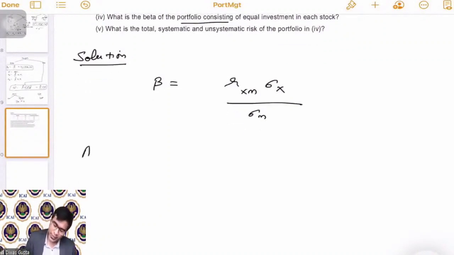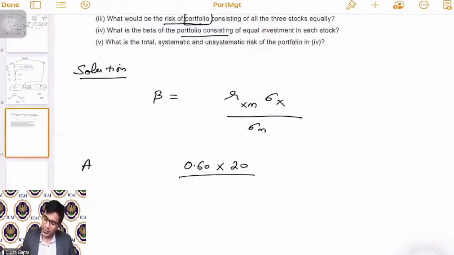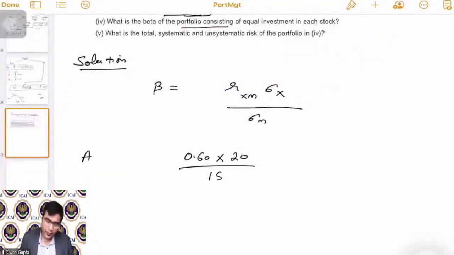Now, for security A, all this data is given. 0.60 is given as R between security A and market, multiplying it with the 20, which is the standard deviation of the security, divided by the standard deviation of market, which is 15. That gives 0.80.